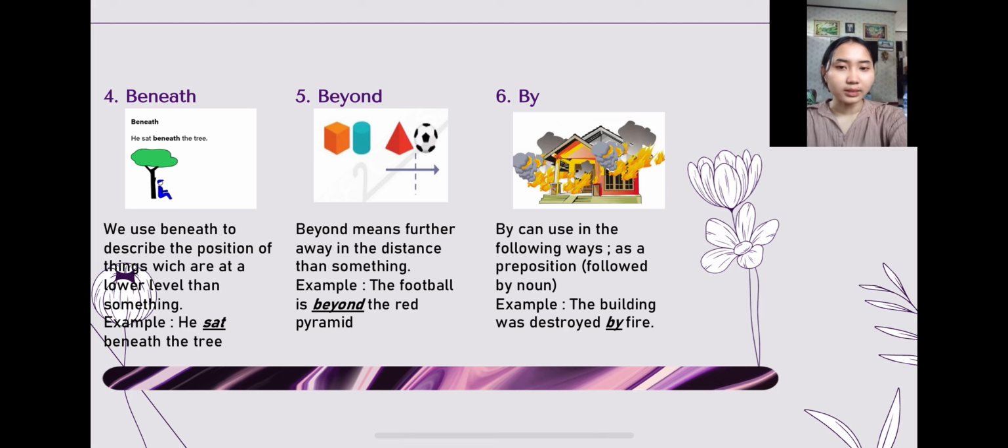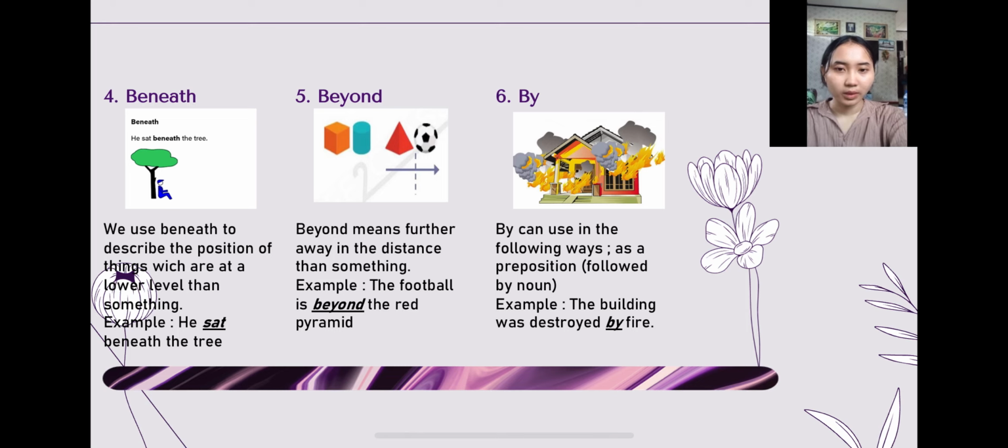For example, he sat beneath the tree. Fifth is beyond. Beyond means further away in the distance than something. For example, the football is beyond the red pyramid.